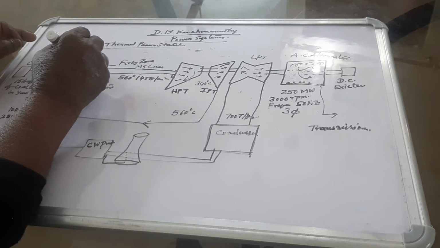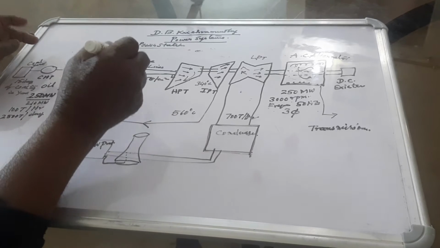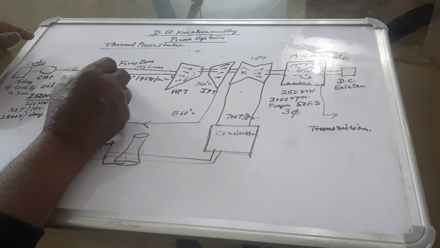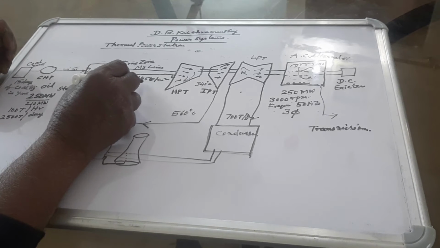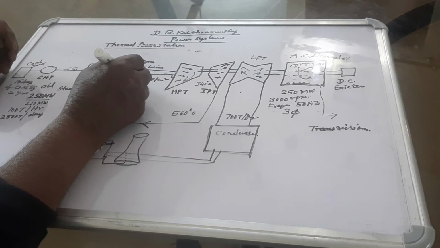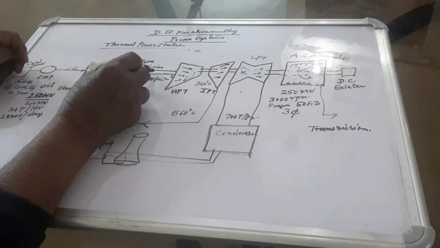This drum will collect the steam, superheated steam. As I told you, the superheated steam in the order of 560 degrees, 145 kg per centimeter square is pumped into the main steam lines.